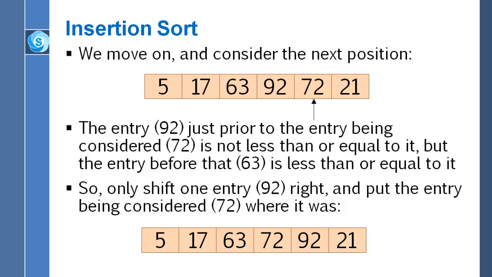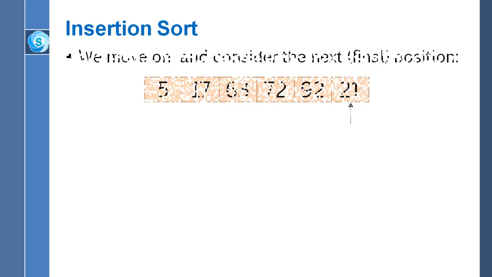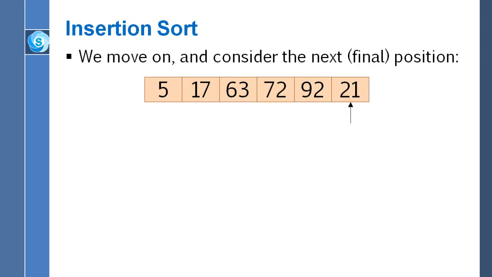So we proceed to the last entry, examine 21, and then we look at the entry before 21, that's 92. Well, that's bigger than 21. We look at the entry before that, which is 72. That's also bigger.